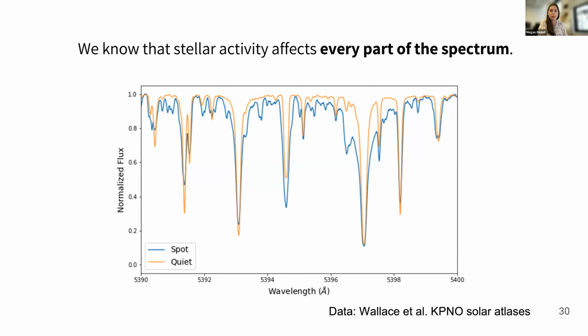These atlases reveal that the spot spectrum is fundamentally different from the quiet star spectrum everywhere, even in the places that you wouldn't necessarily select as information rich for radial velocity use or would highlight as a classical activity indicator. This suggests that there's a lot more power in the data than we're currently making use of to diagnose stellar variability and spots. So how do we go about making use of that?